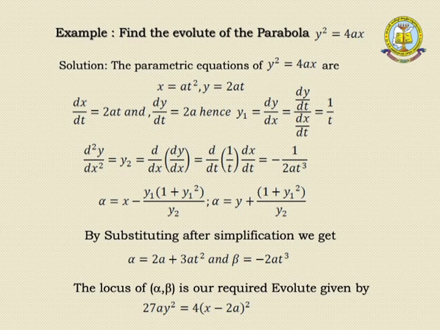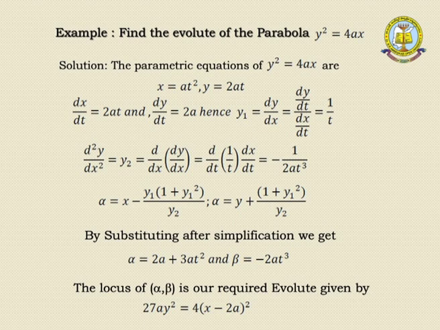Now, suppose we have to find the evolute of the parabola y² = 4ax. To find the evolute, I will find the center of curvature, and then find its locus. What are the parametric equations of y² = 4ax? They are x = at², y = 2at.